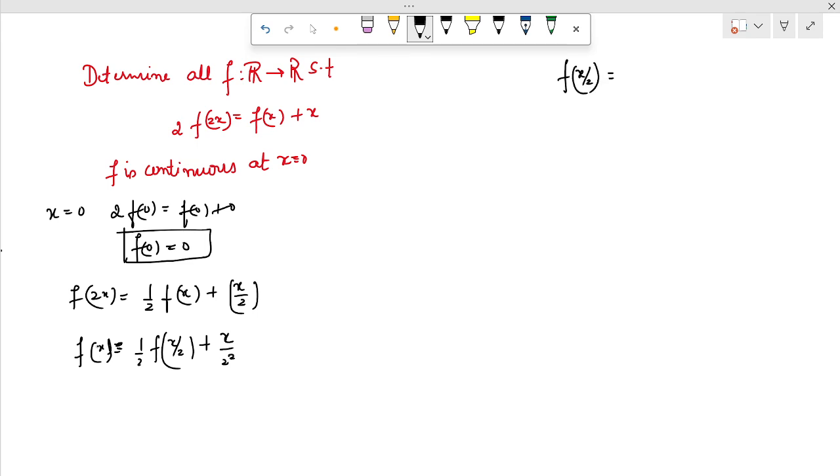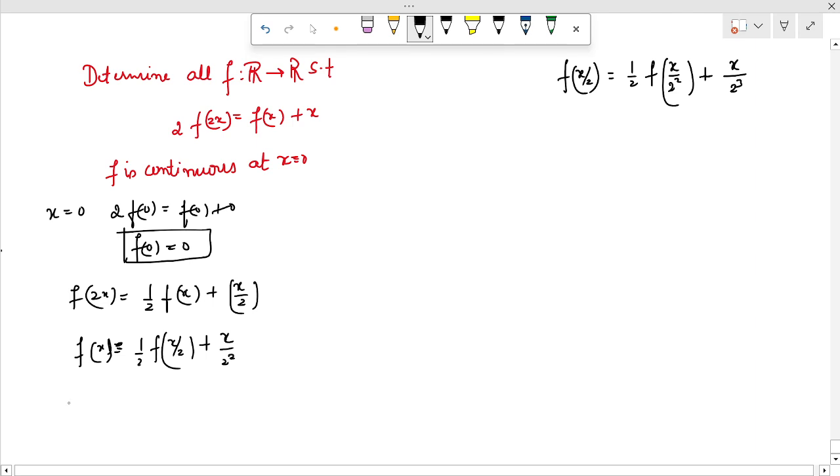If I write x by 2 instead of x, it will be 1 upon 2 f of x upon 2 square plus x upon 2 cube. Instead of f of x by 2, if I write this entire thing, I get f of x is equal to, this 1 upon 2 is already there, just don't forget it.